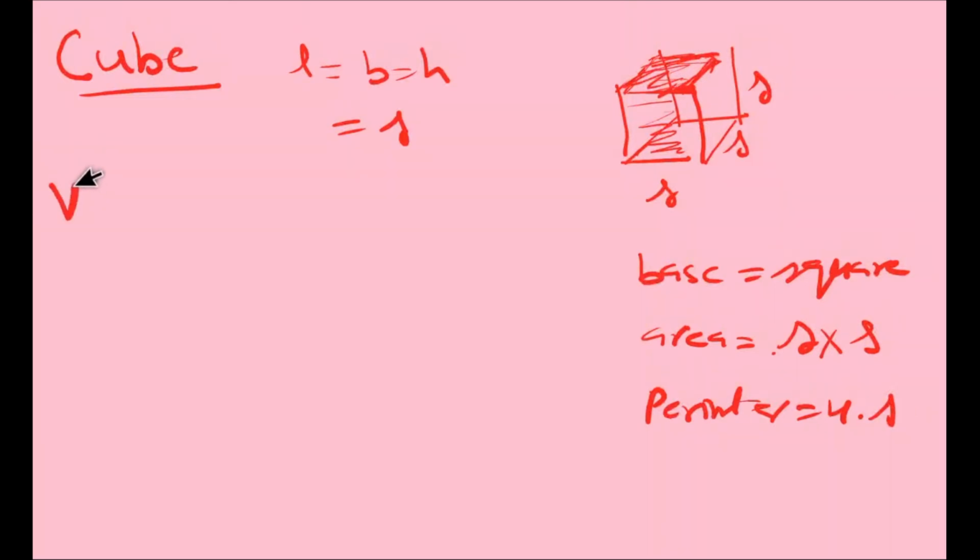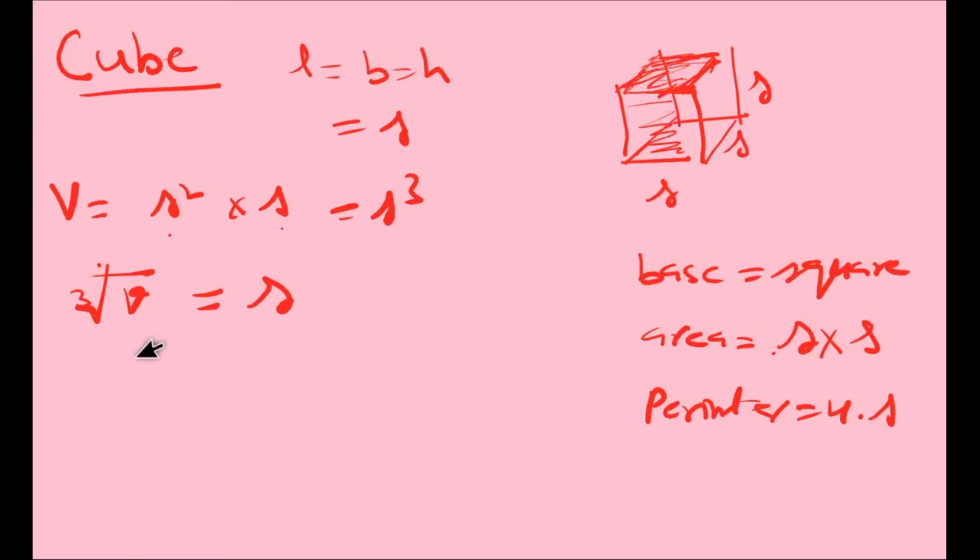So you can use the formula area of base into height, that is side cube, as we have studied in the prism, area of base into height. So if the volume is given and you have to find the side, you can take the cube root of the volume, and now you can find the side, right?